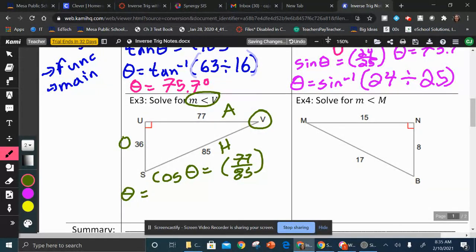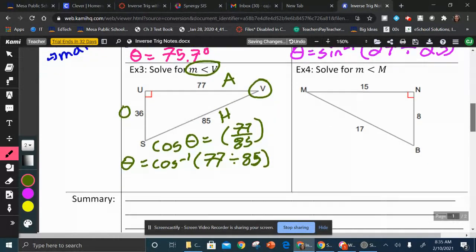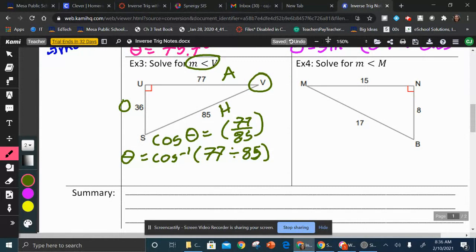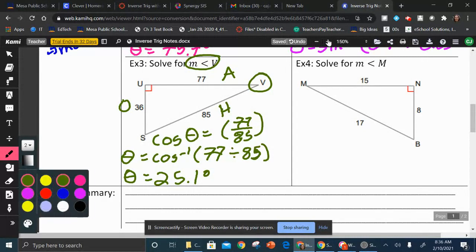So I get inverse cosine of 77 divided by 85. I'm going to put that in decimals.com scientific, go to function for the inverse cosine, and go back to main, parentheses, 77 divided by 85. And we get that theta is equal to 25.1 degrees.